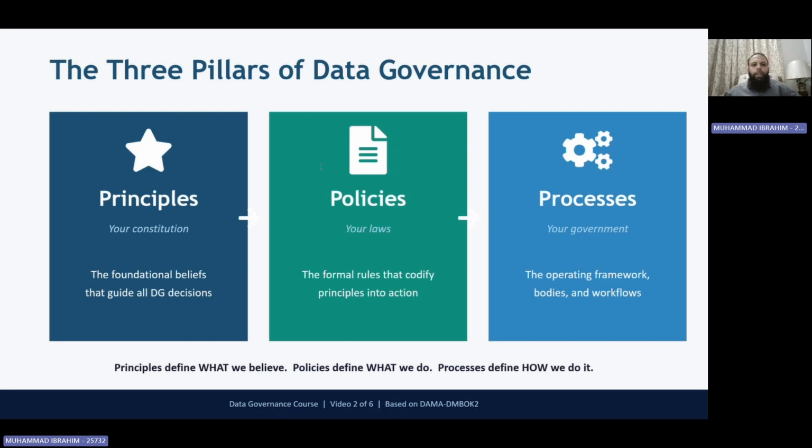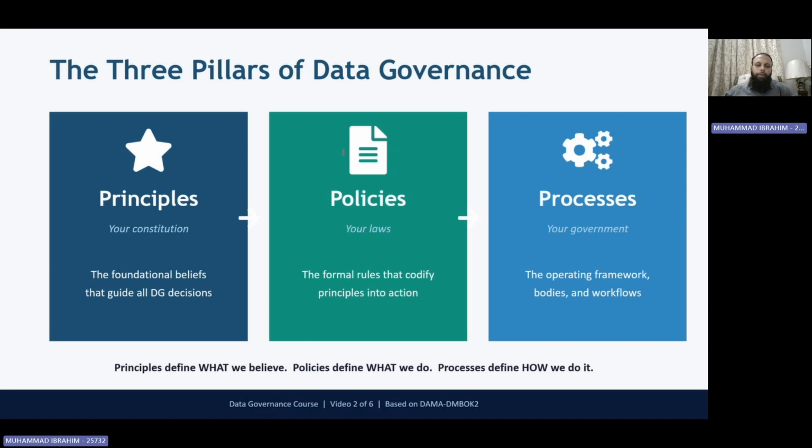So I want you to think of data governance as standing on three pillars. If any one of these pillars is weak, the entire program will be unstable. The first pillar is principles. Think of the principles as your constitution, the foundational beliefs that guide every organization and every governance decision. They define what you believe about data and how it should be managed. The second pillar is policies. Think of policies as laws, the formal rules that take those principles and codify them into specific, actionable directives that everyone must follow.